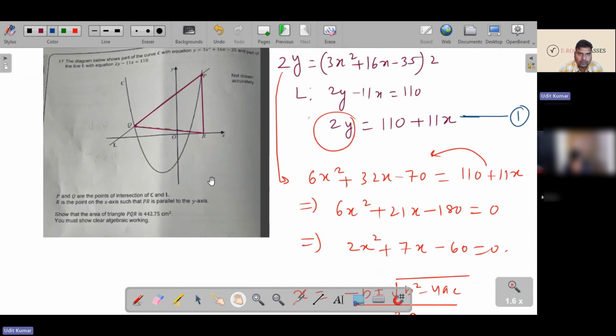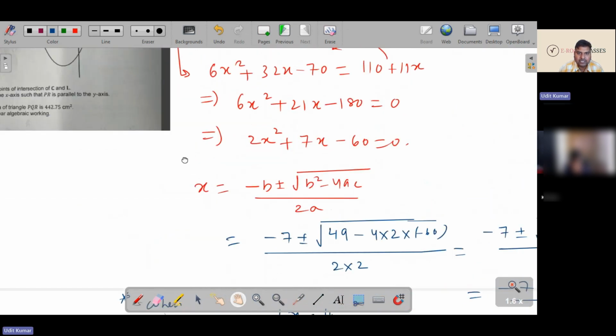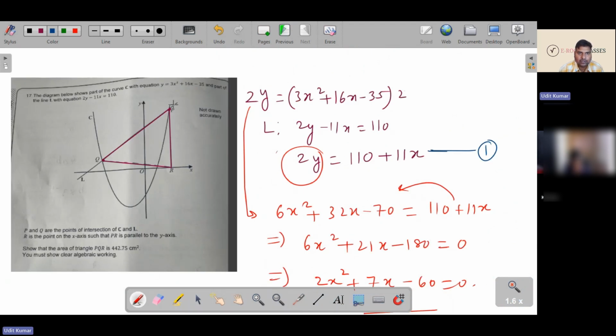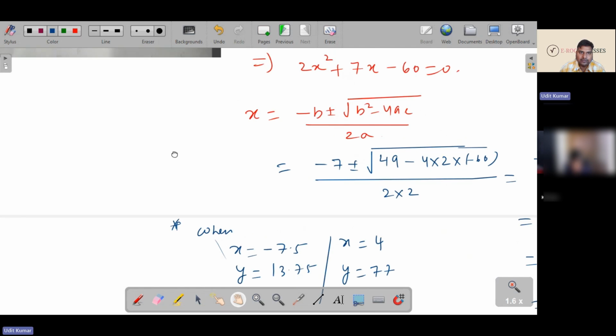Now come to your diagram. A positive result means this is in the first quadrant, so we have to take P as 4 and 77. And because this is in the second quadrant, you have to take negative 7.5 and 13.75.